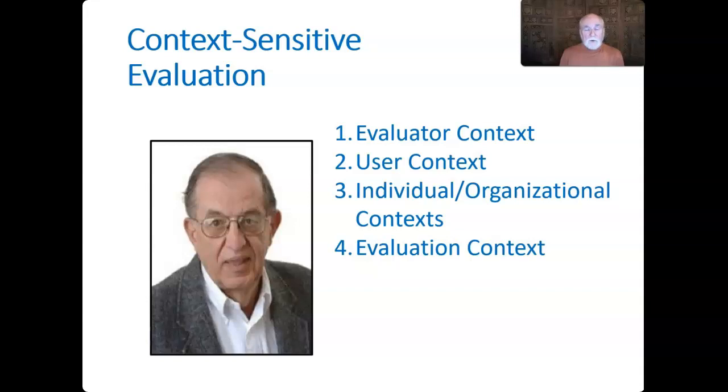But context is clearly something that is appropriate across the branches. Context as a theory tells us that use will be contextual, methods will be contextual, valuing will be contextual.